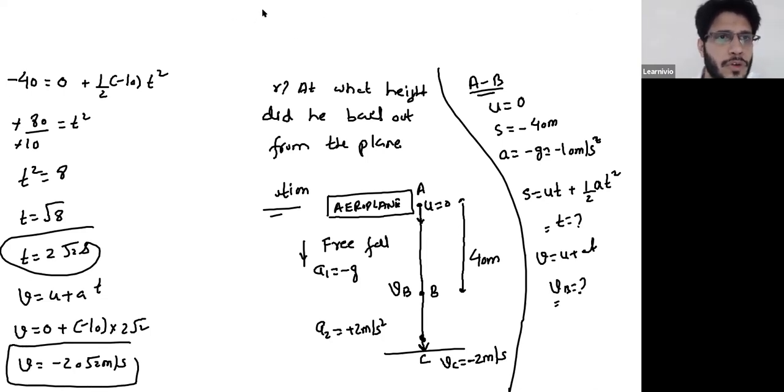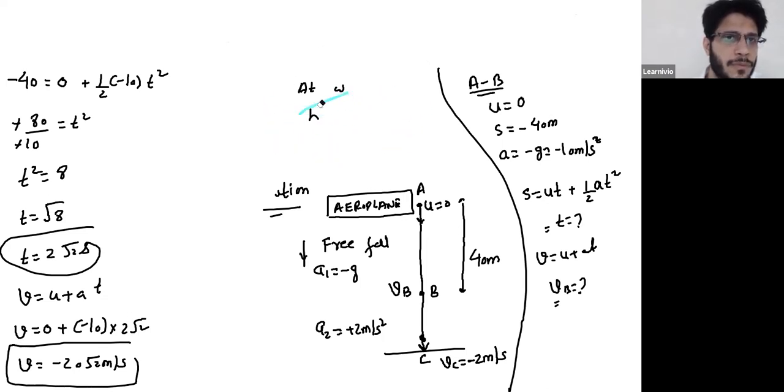Yes, sir. Fatma, Farhana, you are not calculating, huh? Okay. I'll just substitute these values, and so this velocity is minus 20 root 2 meter per second.